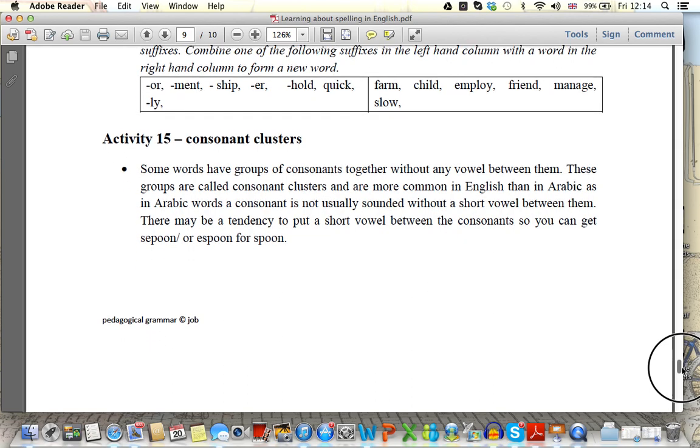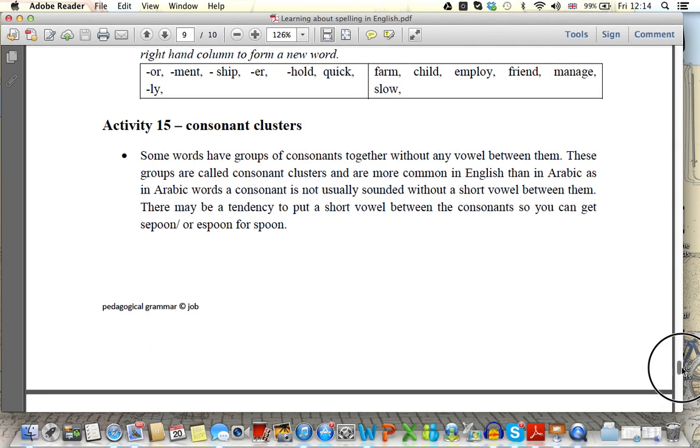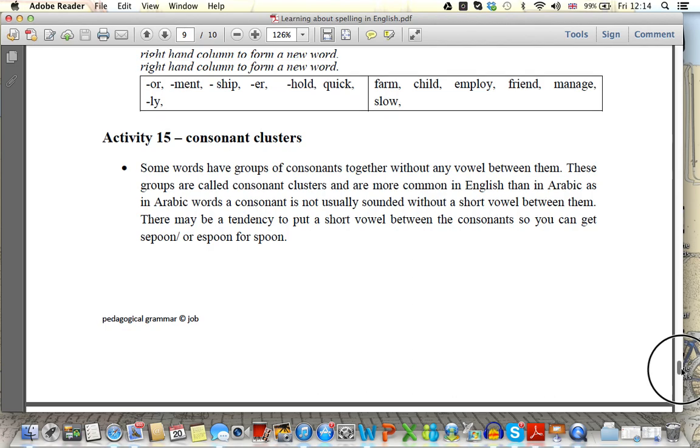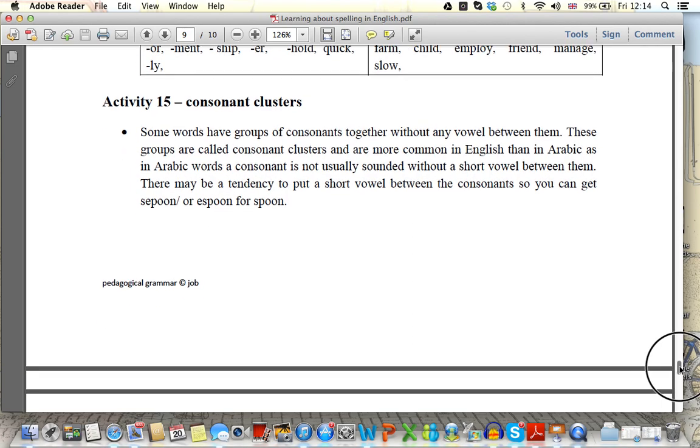Right, and the final thing we're going to look at here is what we call consonant clusters. That's where we have a group of consonants coming together. Now, this is not as common in Arabic as it is in English. So there is a tendency for Arabic speakers to put a short vowel between the consonants. So we get, for example, the word spoon. We may hear it pronounced a spoon or a spoon.